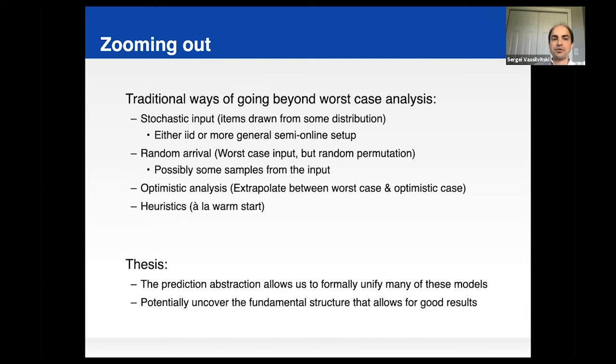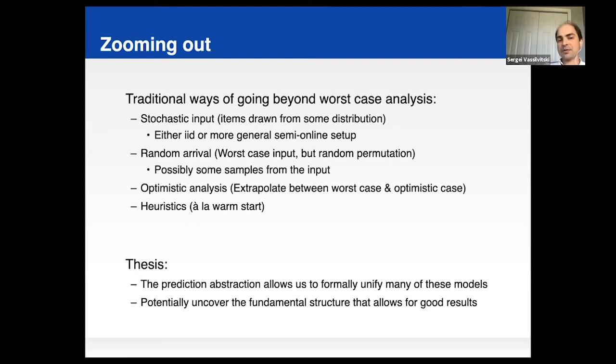If I may just zoom out for a second, I think the other really interesting way to approach these problems, and one of the directions we've been going with this as well, is to say, there are many different ways to go beyond worst case, right? We talk about stochastic input, so it really is drawn from a distribution, like in the example I described right now.